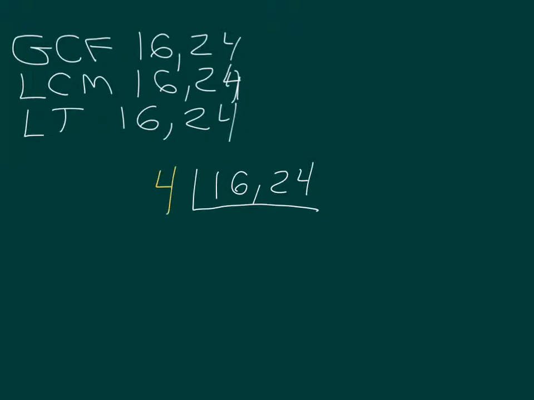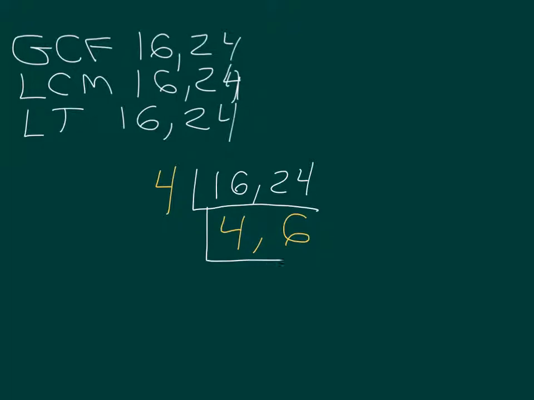Now, please note, I also know that 8 could have worked. I also know that 2 could have worked here, but you will get the same answer every single time. It just depends on how many multiples you have to go through. I picked the middle here just to show you another example. So 4 goes into 16 4 times. 4 goes into 24 6 times. Okay? So we keep going.